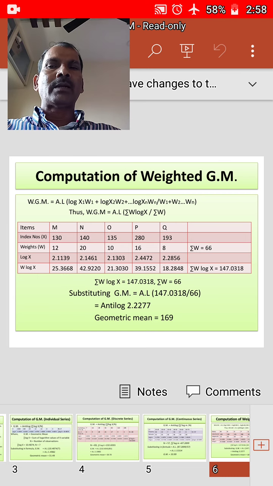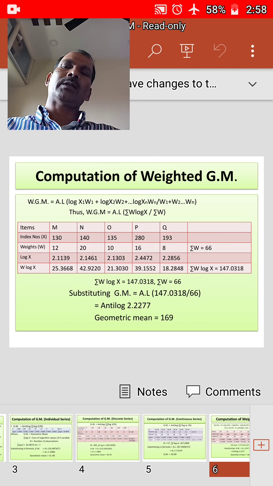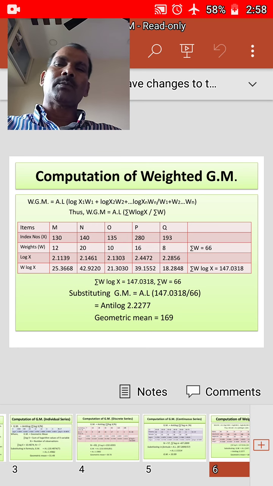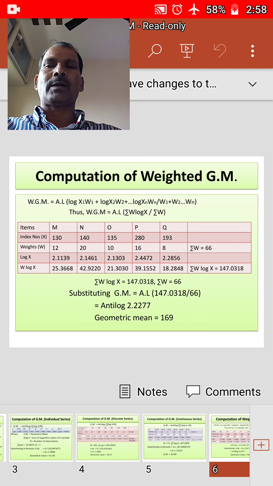We can extend this to any number of values found in the given series. That's why we are considering a natural number n here, xn, wn. Weights also, up to the n number, we can take.